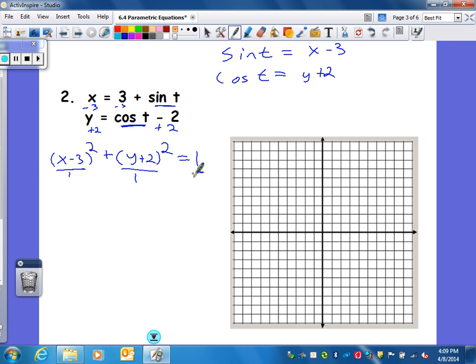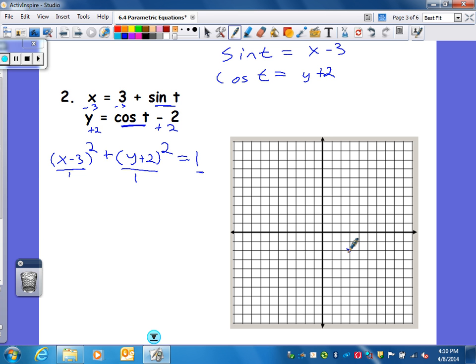Well, we have a horizontal shift and a vertical shift when it comes to where our center is. So I'm going to go over here. Instead of x minus 3, when we say x minus 3, that's really saying we need to go plus 3. And then y plus 2, that's really saying we go down 2. So that's fine.